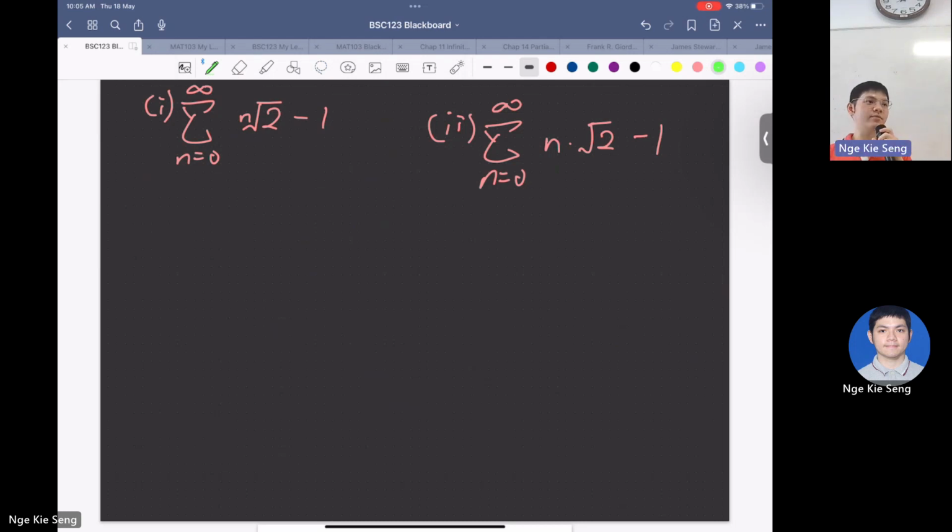Number 2. How to do number 2? Compared to what? Compare to n. How do you compare to n? Greater than n, you mean? Greater or equal to n? Is this right?